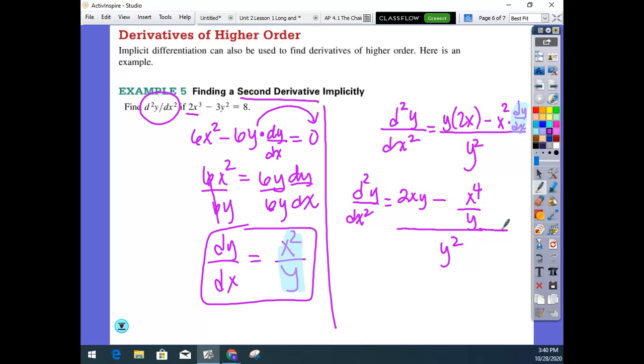All right. So I'm going to get a common denominator. So I'm going to multiply top and bottom by y. That just makes that y squared. So I get 2xy squared minus x to the fourth over y, all over y squared over 1. Since I'm dividing by a fraction, I can multiply by the reciprocal.